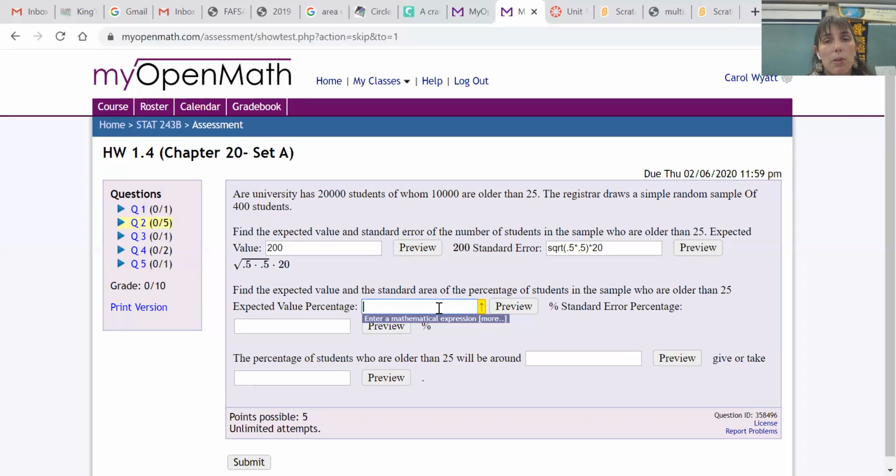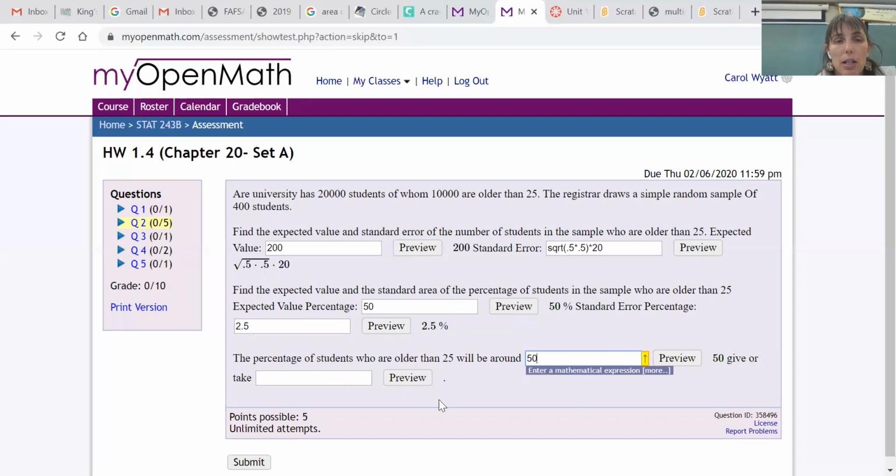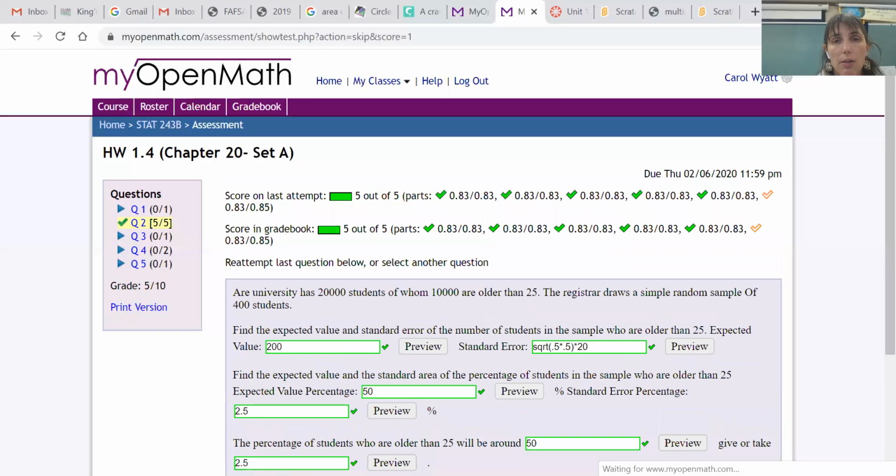So for this one, our percent is 50%. And our standard error percentage is 10 divided by 400, which is 2.5%. And so we know the percentage of students who are older than 25 will be around 50%, give or take 2.5. And we hit submit, and voila.